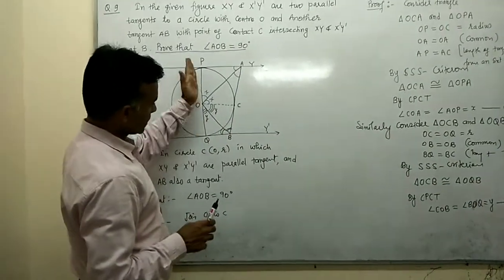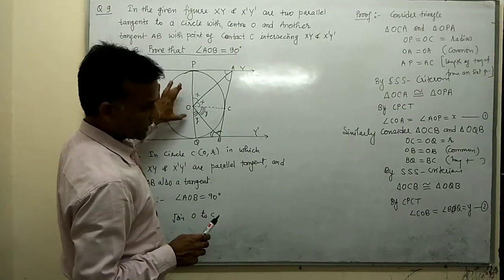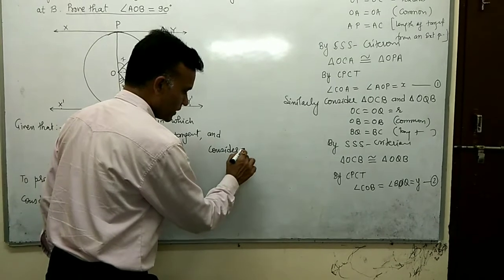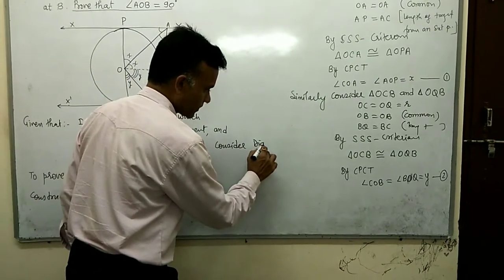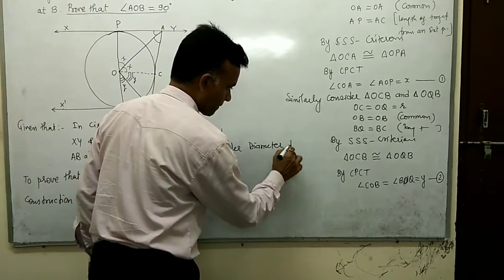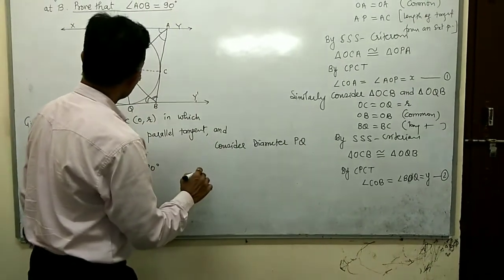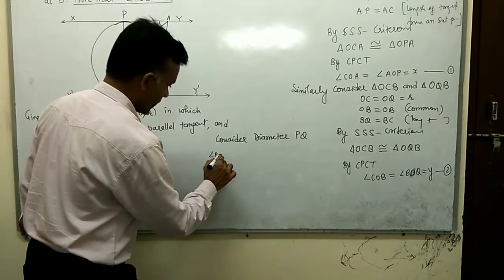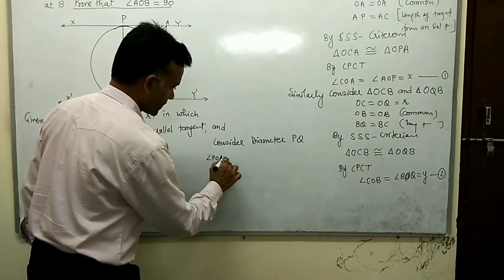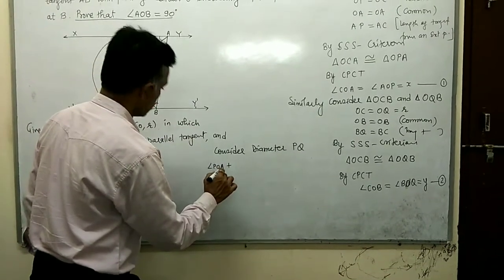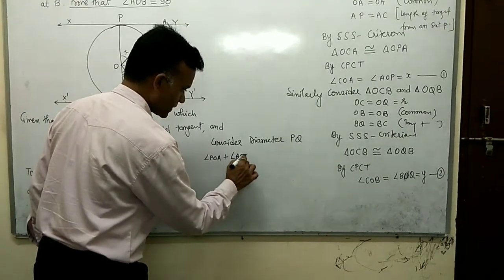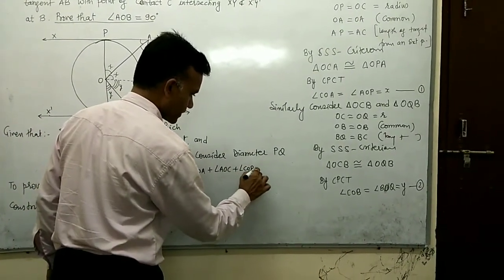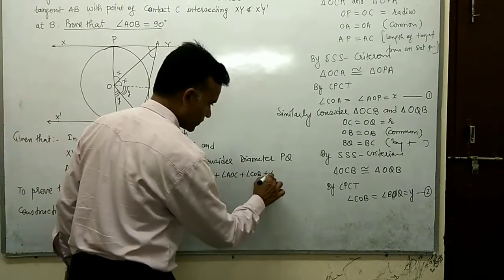Then these are all the angles we have here, and now consider the diameter PQ. Then we have angle POA plus AOC plus COB plus BOQ.